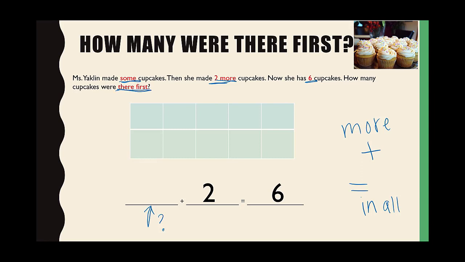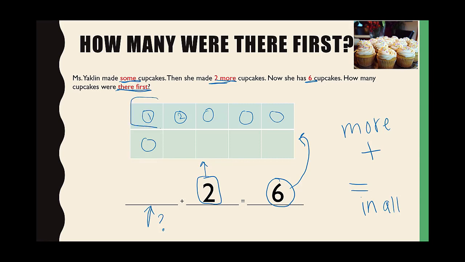And just like the last problem, we're going to take our in all number and we're going to put it in our 10 frame. 1, 2, 3, 4, 5, 6. Then we're going to take the number that we know of how many I added. We added 2 more, so we're going to take this number and then we're going to also count that out in our 10 frame. 1, 2.